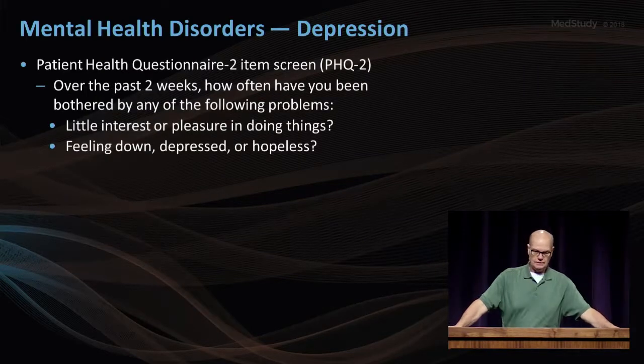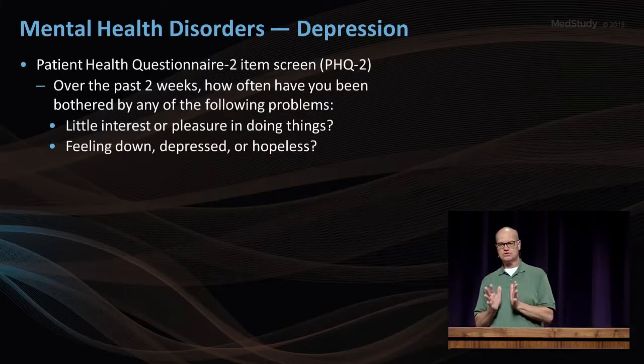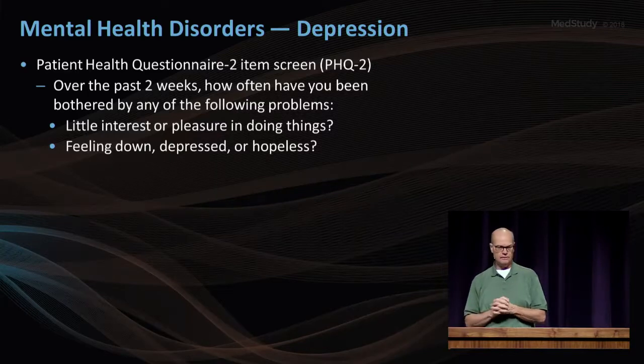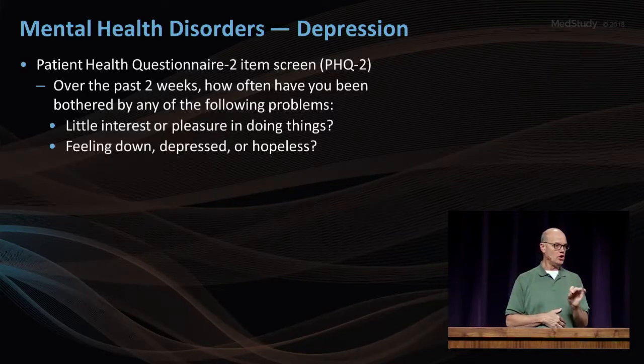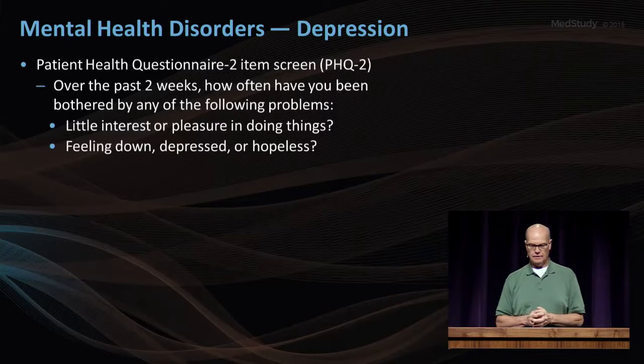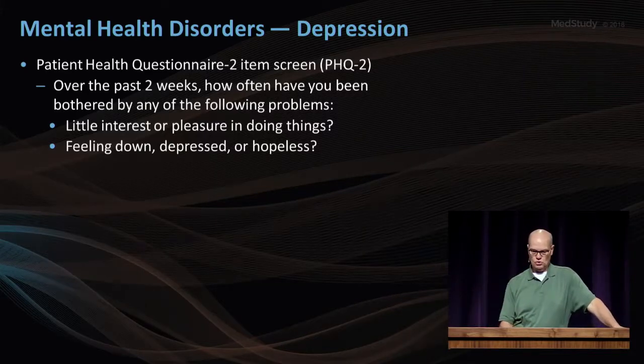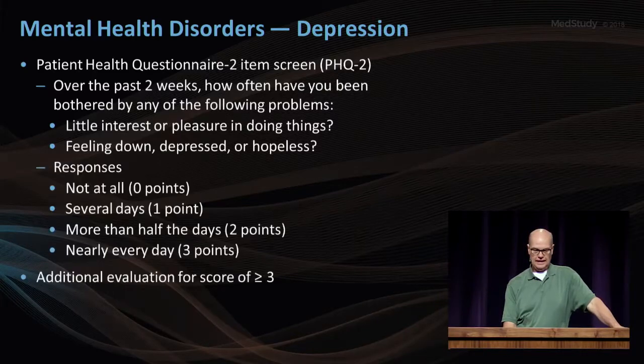How do you screen? Again, there's not a specific recommendation from the Academy. They're just going to want you to know to screen. And one of the easiest questionnaires is just a 2-item screen, the Patient Health Questionnaire, asking these 2 questions. And here are the scores.